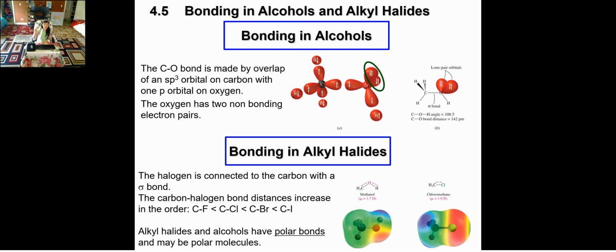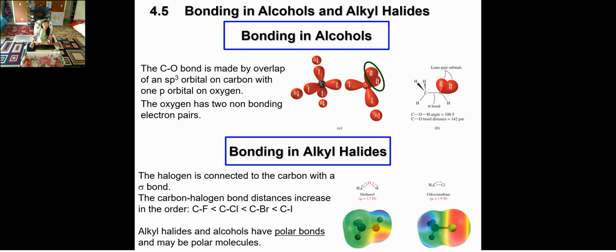So let's move on to the bonding. You're going to have a carbon-oxygen bond, and also carbon-halogen bonds. What happens in alcohols and alkyl halides? Here you have your carbon-oxygen bond. This bond is made by the overlap of one of the sp3 hybrid orbitals from carbon with an orbital of your oxygen.